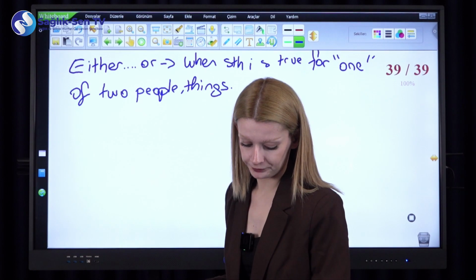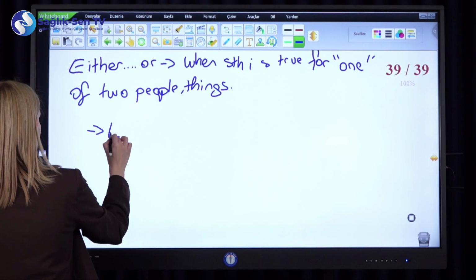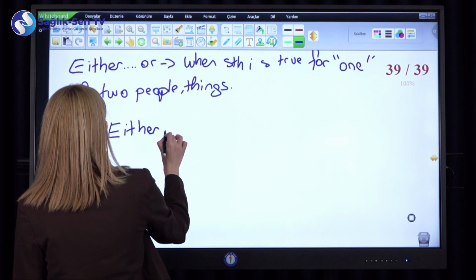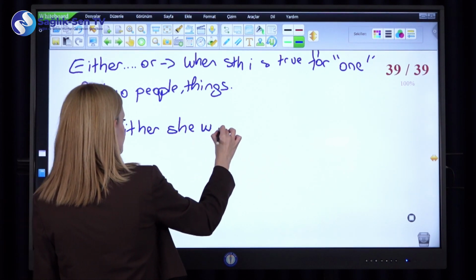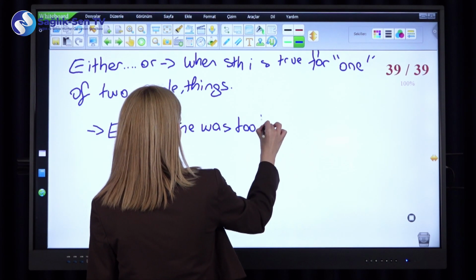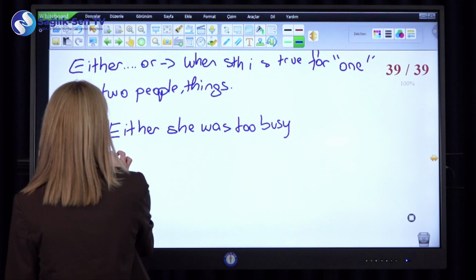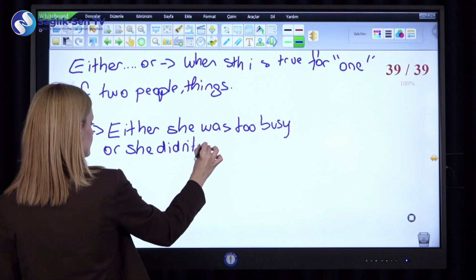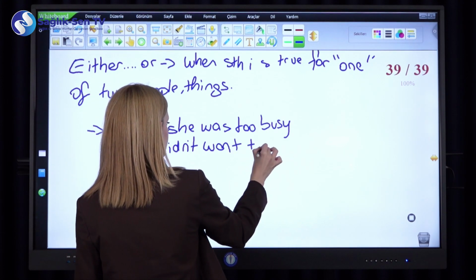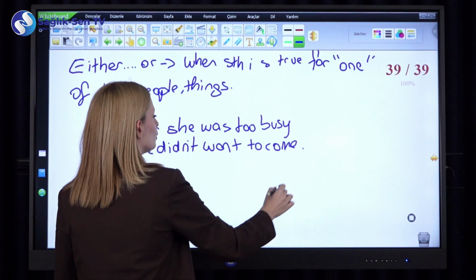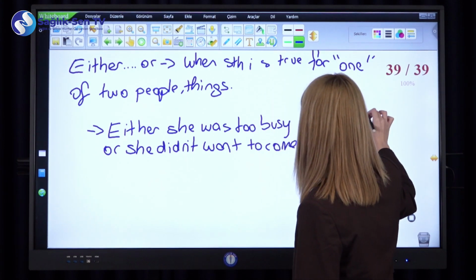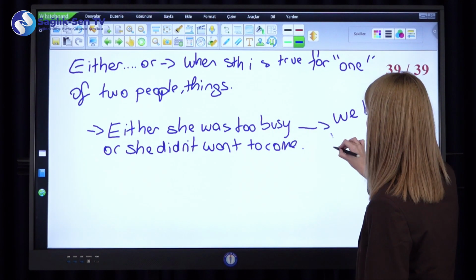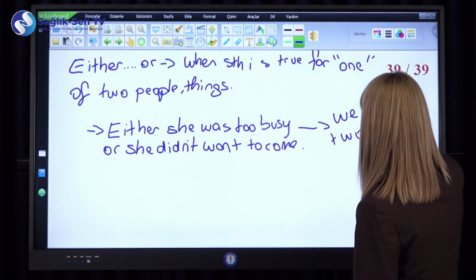For example, either she was too busy or she didn't want to come. We have two possible options. We have two possibilities.